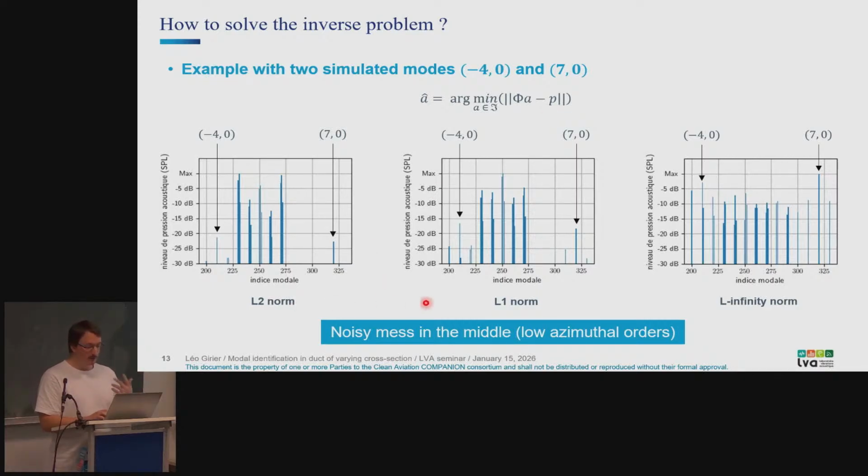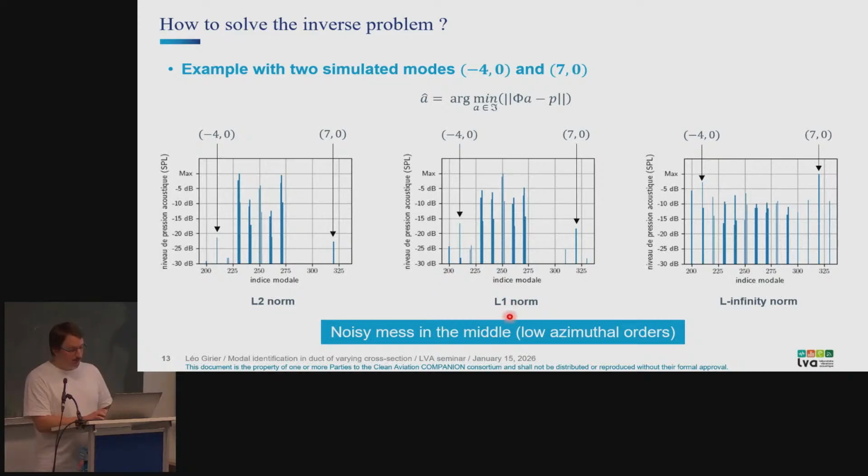And for that, we can use different norms. For example, if I use the L2 norm, so the classic Euclidean norm, we see that we are unable to retrieve the simulated mode because they are almost 25 dB below other modes in the middle, which correspond to low order modes in this plot.